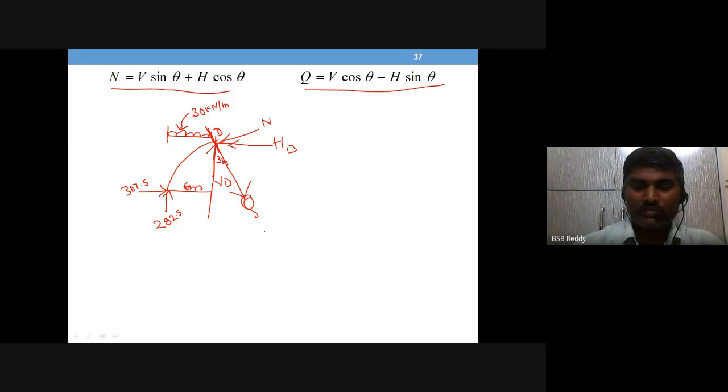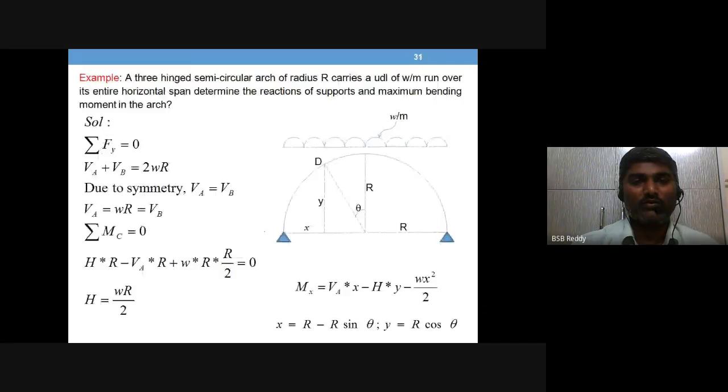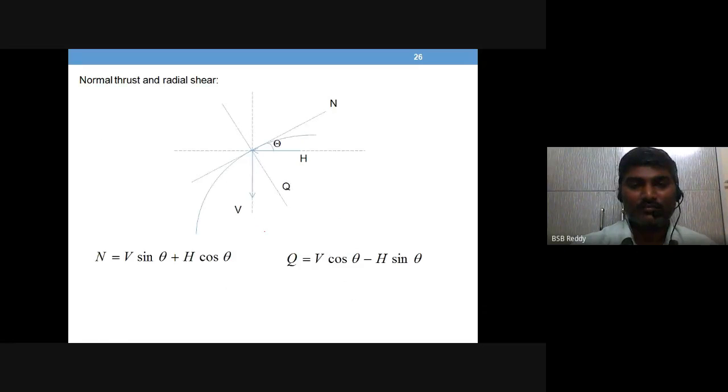Now I'll just show you what exactly we have done to derive these equations. I'll quickly go back to the location where it is available. I should match the directions of the V and H here, and N and Q here.